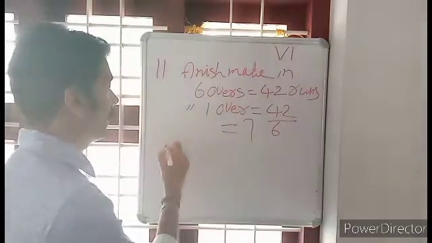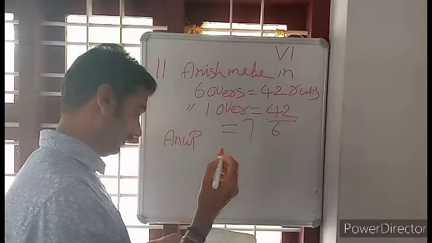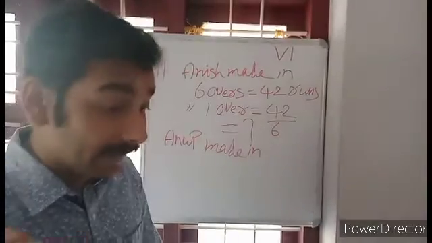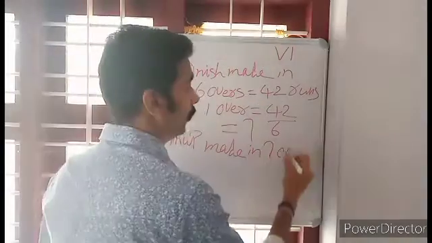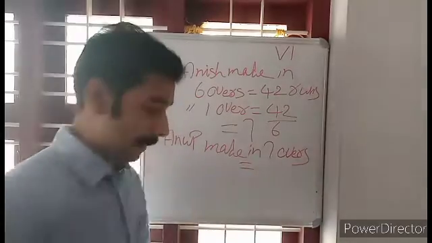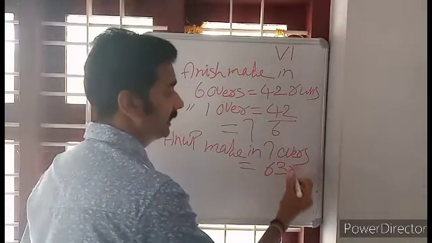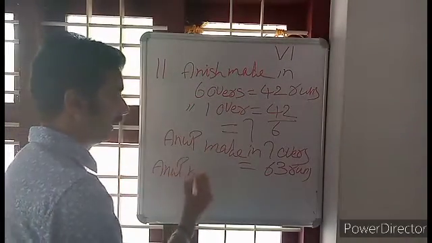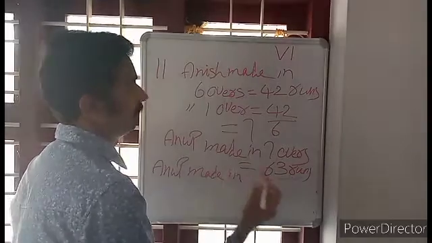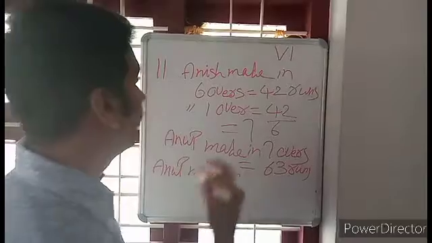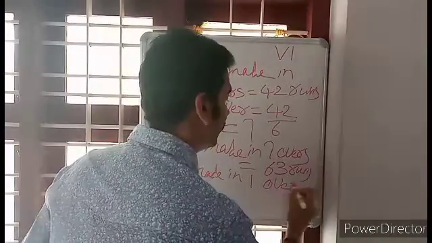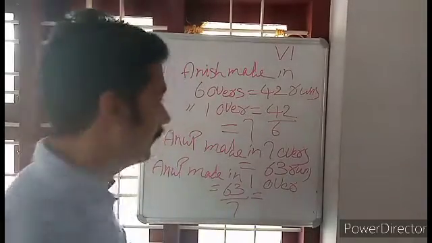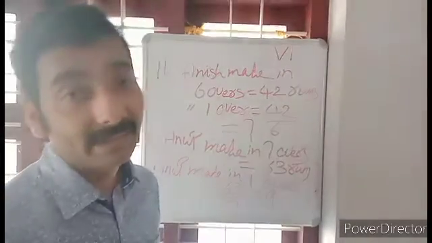Then Anoop made in 7 overs 63 runs. Then Anoop made in 1 over 63 divided by 7, that is 9. 9 into 7 is 63.